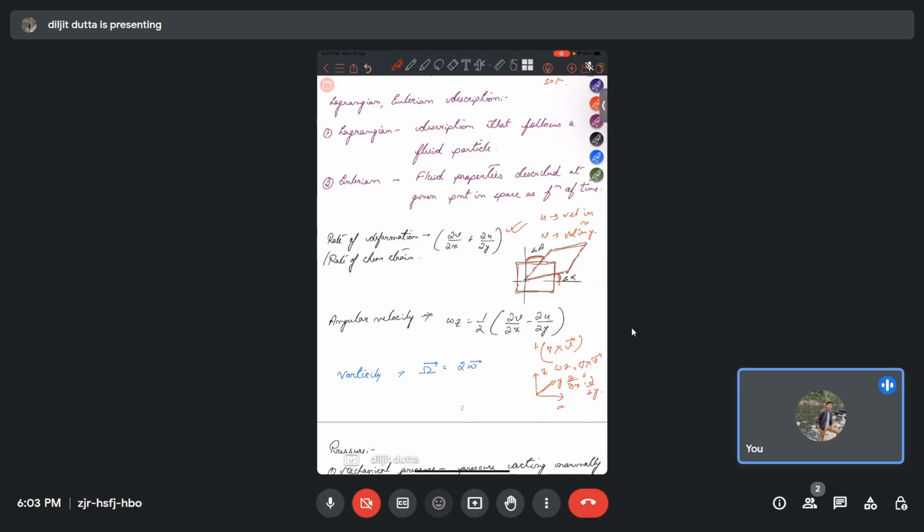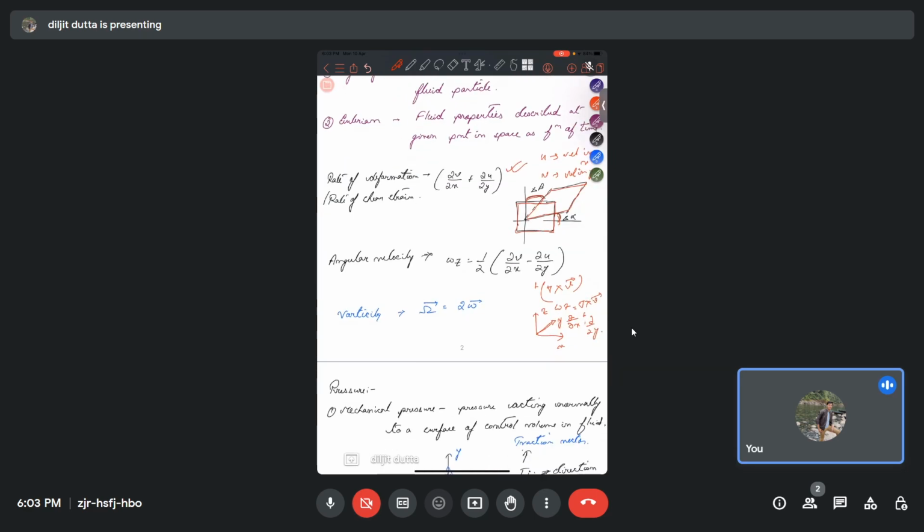And the vorticity is defined as 2 times the angular velocity.